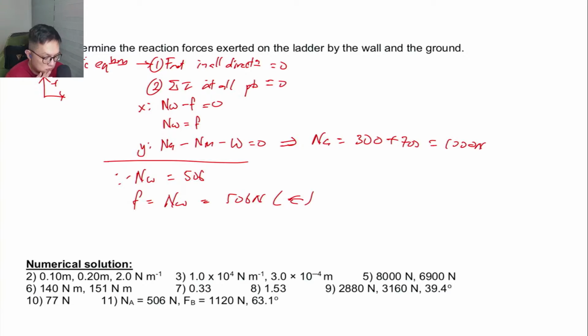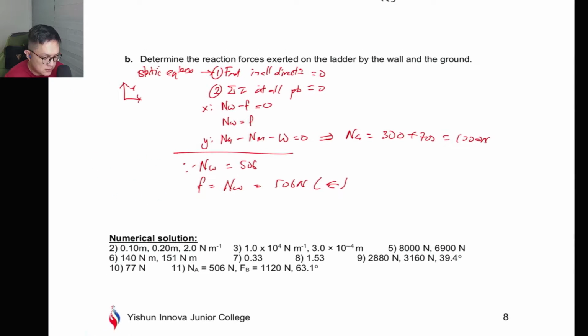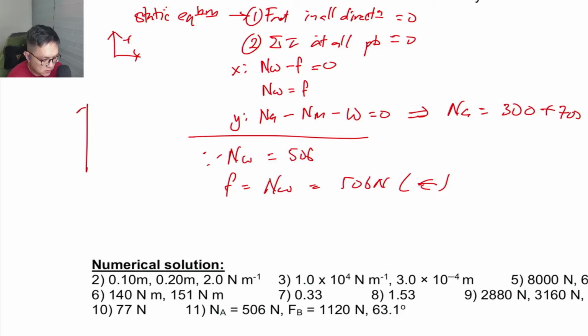Now we know NG and F. NG is 1000 newtons upwards, so let's just draw it here. NG equals 1000 newtons. Then we have the frictional force this way, 506 newtons. Maybe you draw it the other way around. Let me erase this.